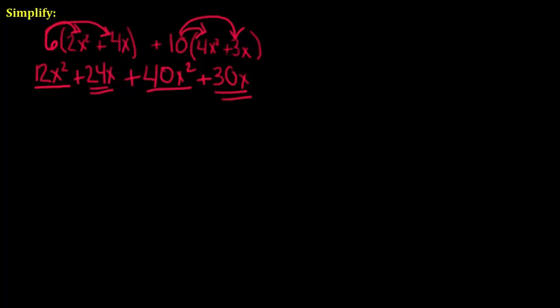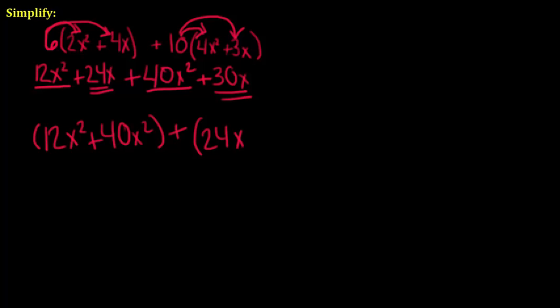So 12x squared plus 40x squared, because as we know, like terms can only be added to like terms, or I guess I should say like terms can only be added to themselves. And then we have 24x plus 30x.